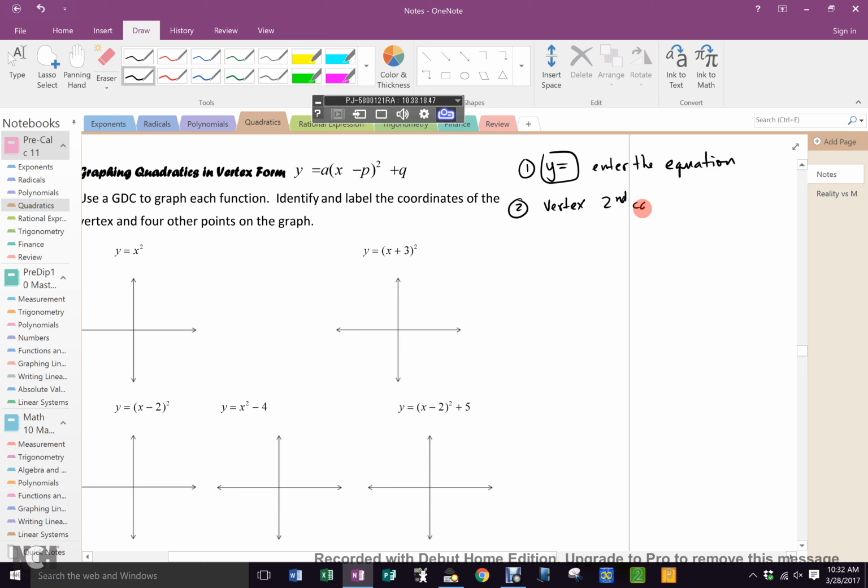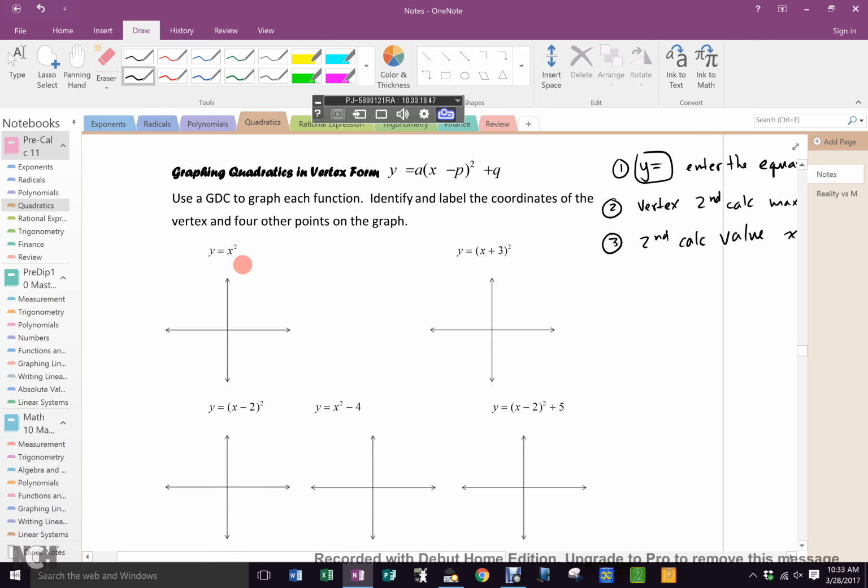Second, calc, max or min. And then I want 4 other points from the graph. That is second, calc, value, and you enter your x coordinate. Everybody cool?